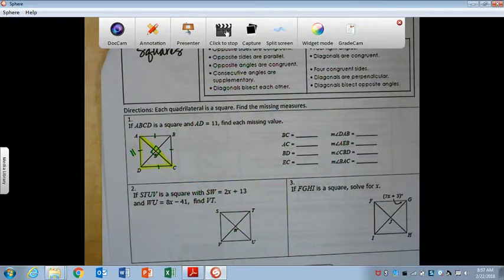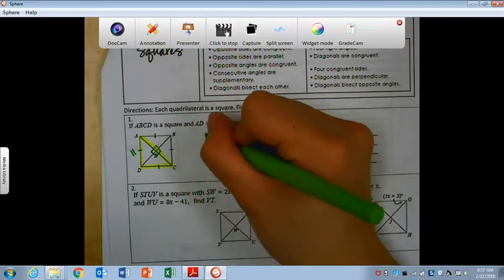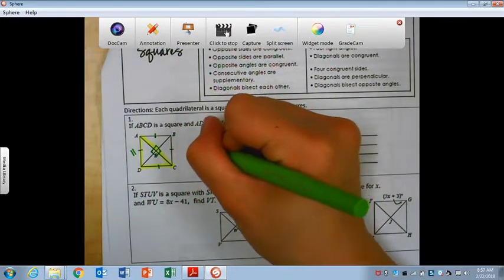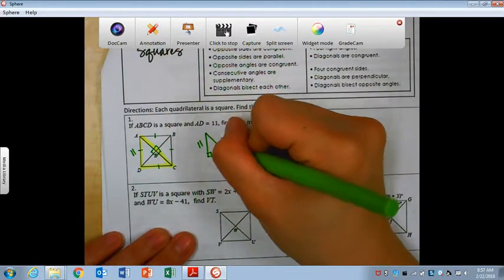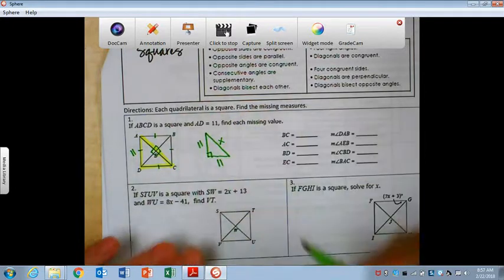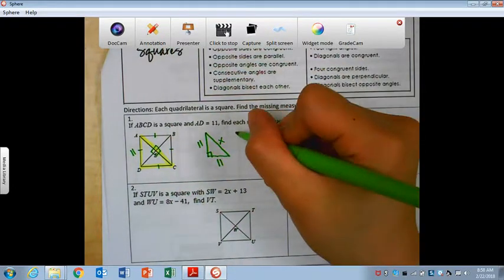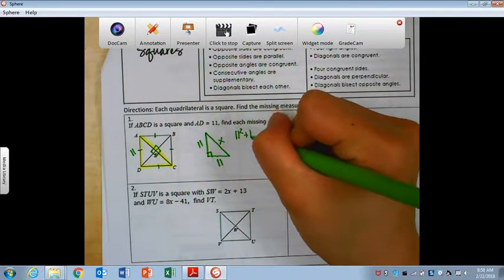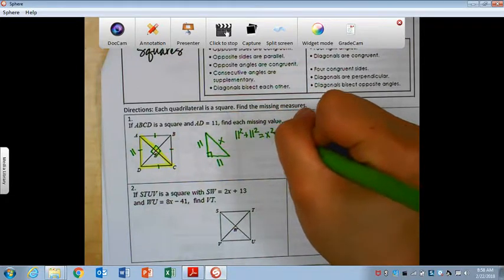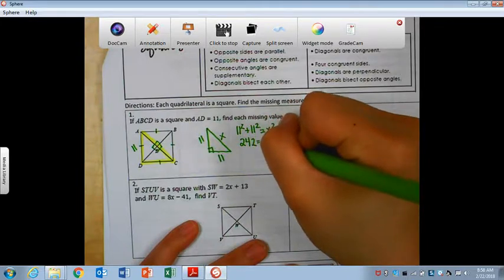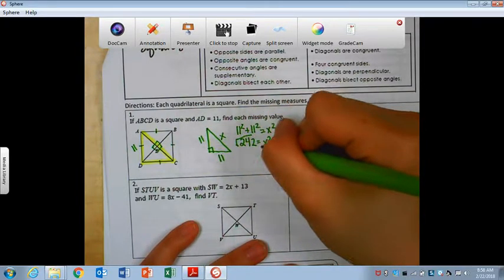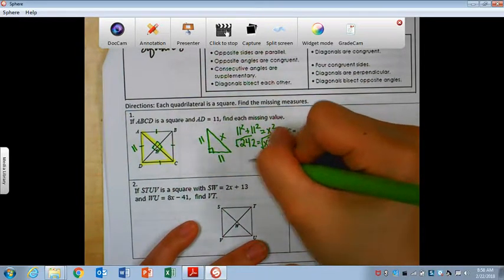So I'm going to separate that and make it out here so you can see it. This is 11, this is 11, and we're doing the whole thing, A to C. To solve for x, 11 squared plus 11 squared equals x squared. So that's 242 equals x squared. You square root it, x is about 15.6.